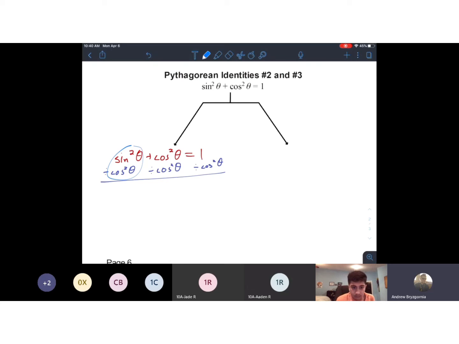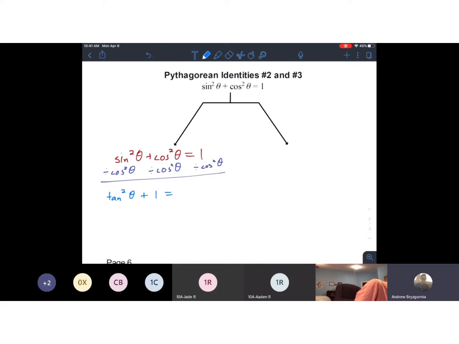Any guesses as to what sine squared over cosine squared is? Tangent. How many tangents? 2. Yeah, there's 2, so it's squared. Cosine squared over cosine squared, what is that? One.